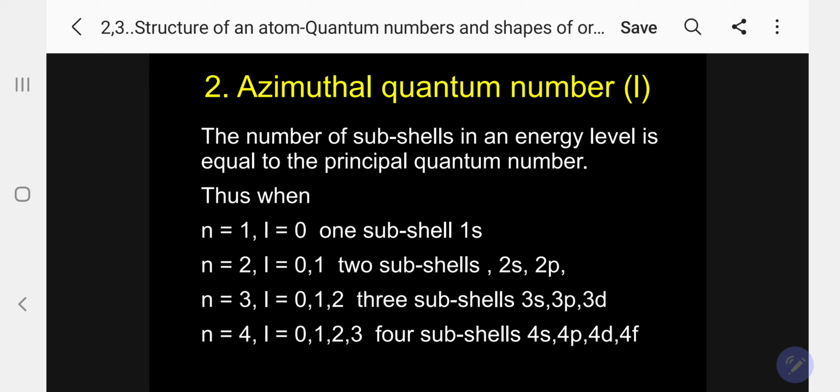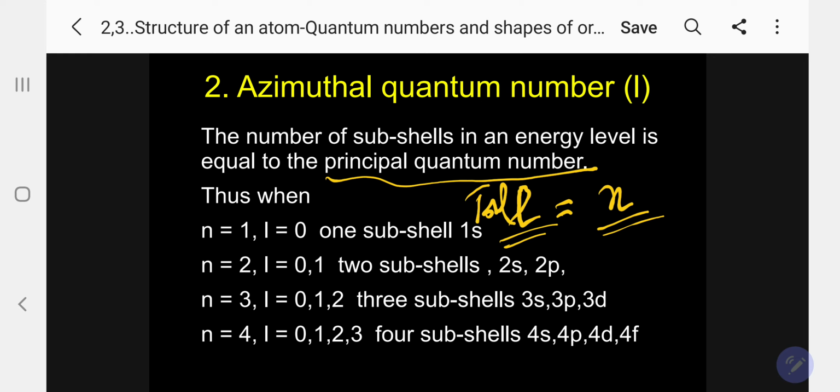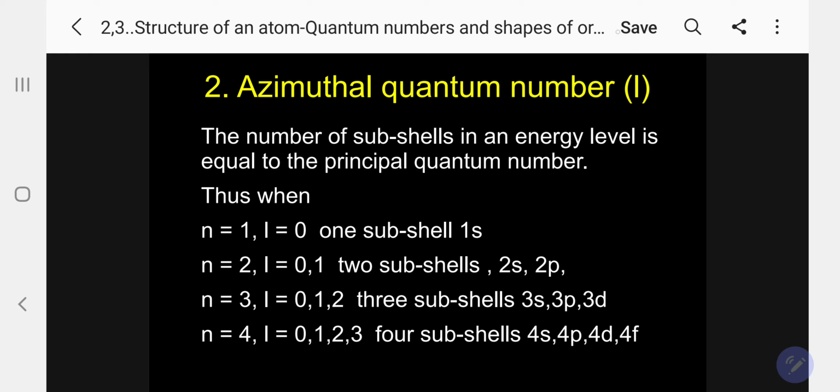Now, under the azimuthal quantum number, the number of subshells in an energy level is equal to the principal quantum number. So, if you want to know the total number of subshells, the total number of L values equals the n value. Kindly follow, I will explain.